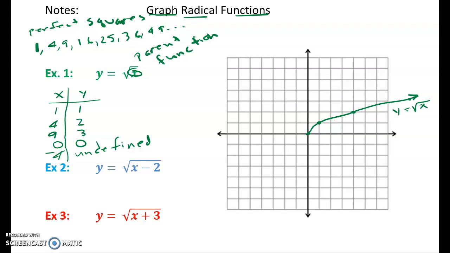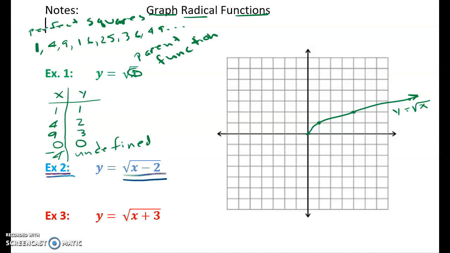Now, looking at the next function, let me change colors. Okay. So y equals the square root of x minus 2.